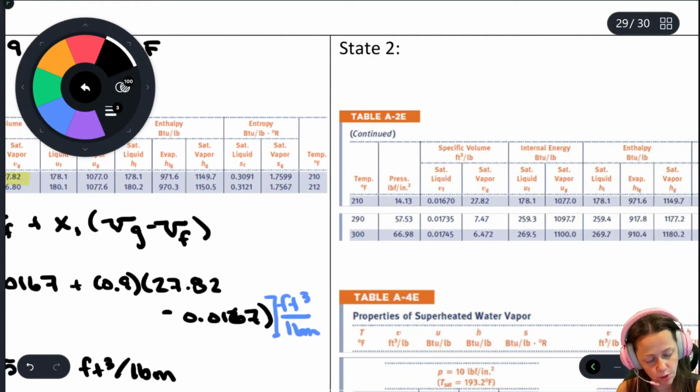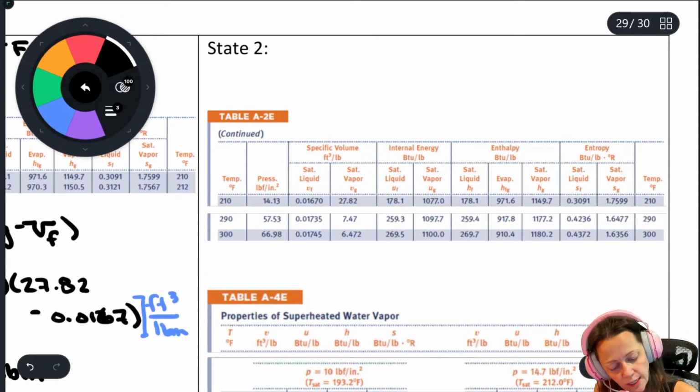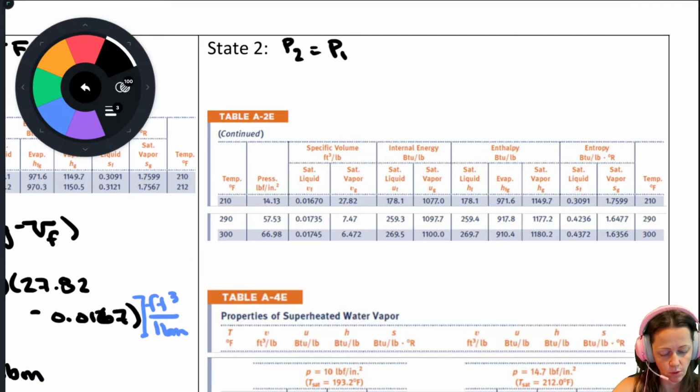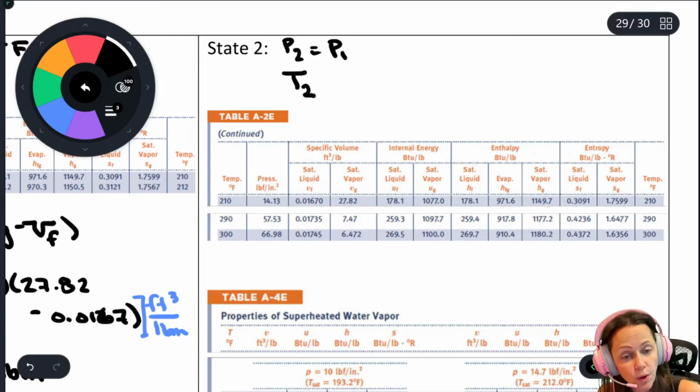Now we're going to go to state two. It's a constant pressure process, so P2 is equal to P1. I don't know anything about V2, but I do know what T2 is. It's going to be 300 degrees Fahrenheit.